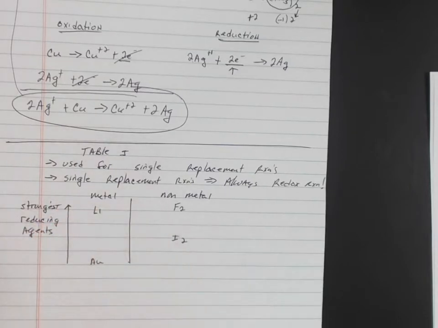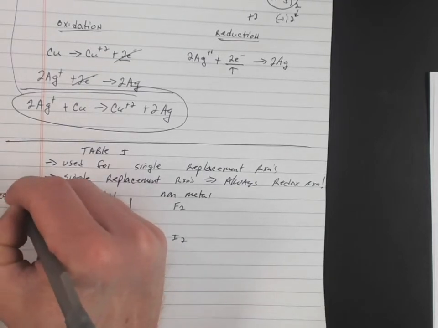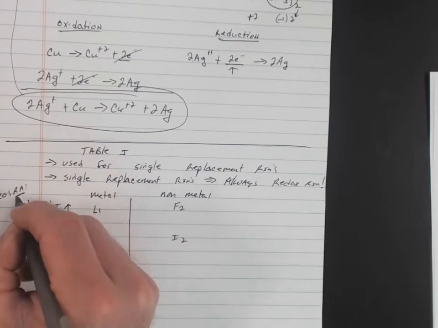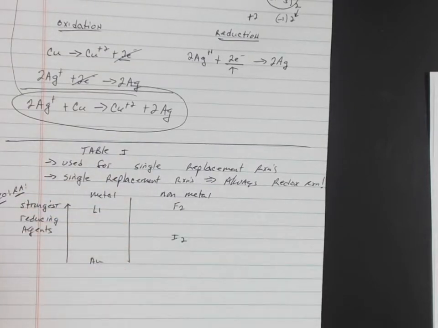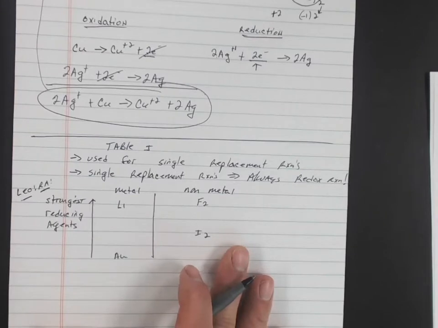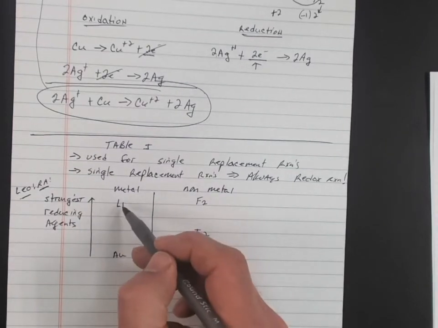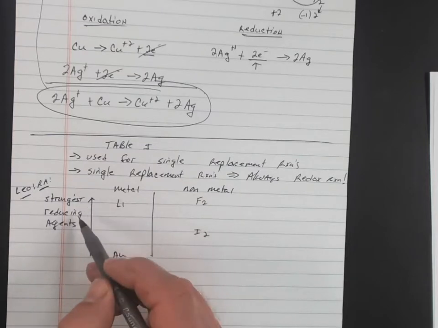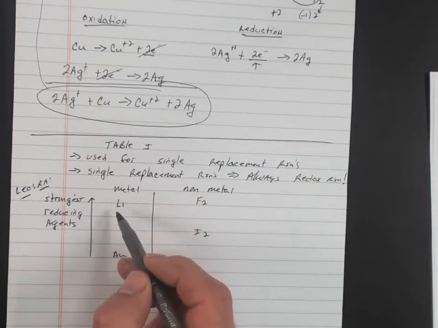Now remember, the strongest reducing agents, do they get oxidized or reduced? Oxidized. Very good, Mitch. According to our LEO RA, the reducing agent is what gets oxidized. All right, so your strongest reducing agents are things like lithium at the top of table J. They are the most easily oxidized.